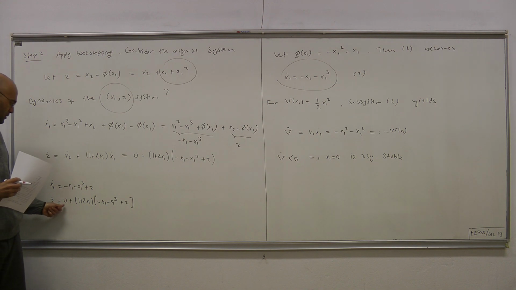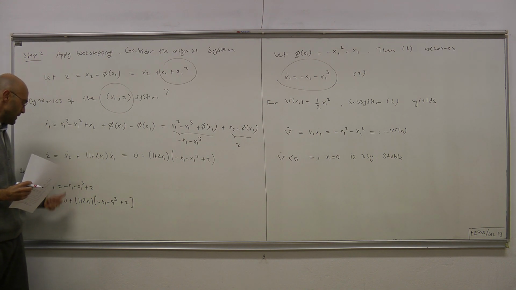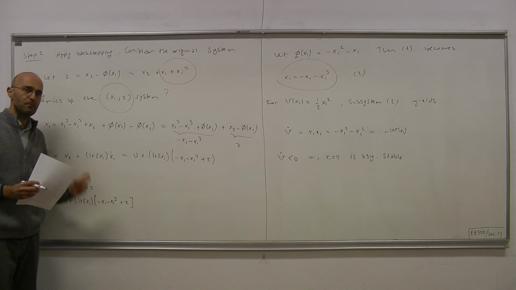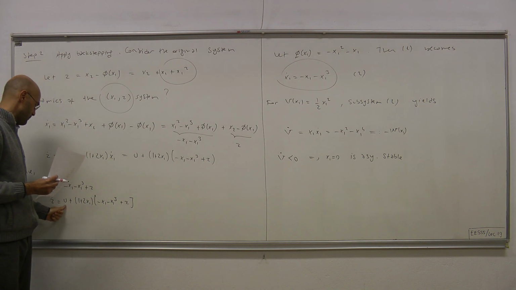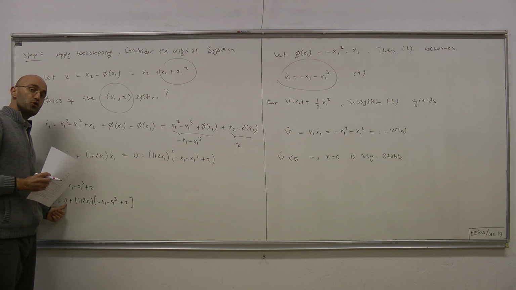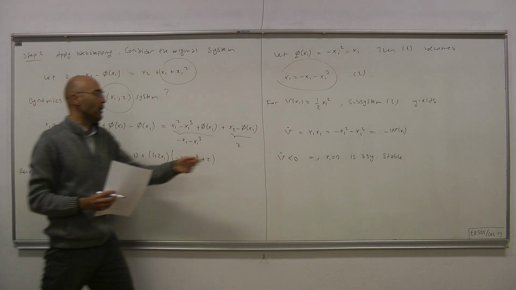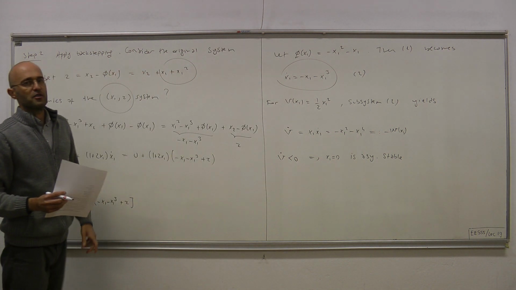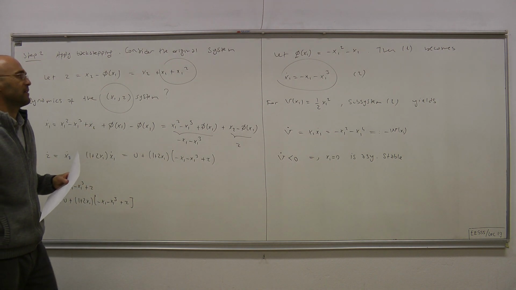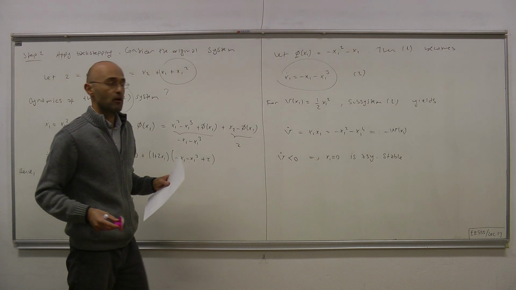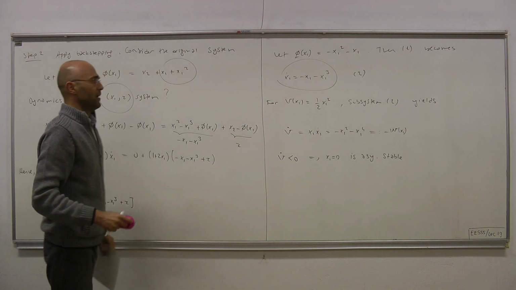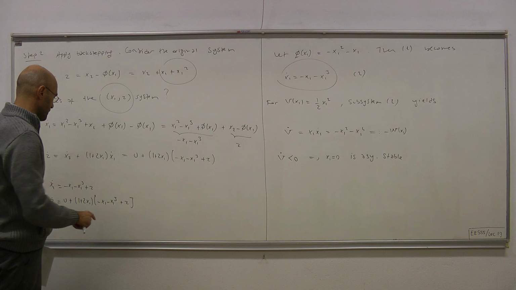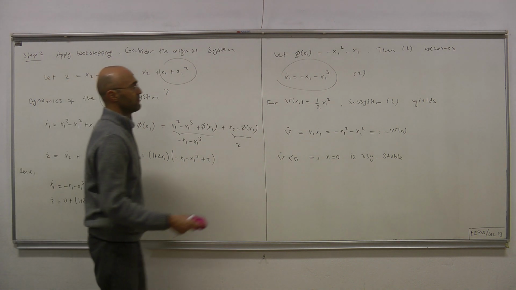Now the goal is choosing u so that the origin of the x1 z system is asymptotically stable. And how are we going to choose u? We will be advised by the Lyapunov function, or more correctly, the composite Lyapunov function, which is the original Lyapunov function augmented by a positive definite term corresponding to the new state variables.